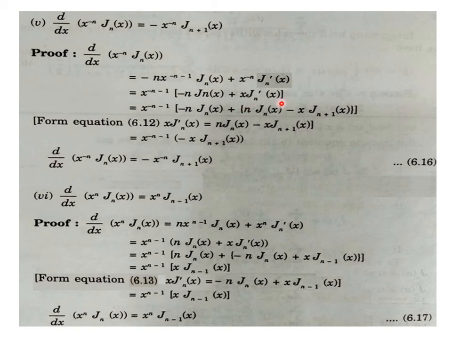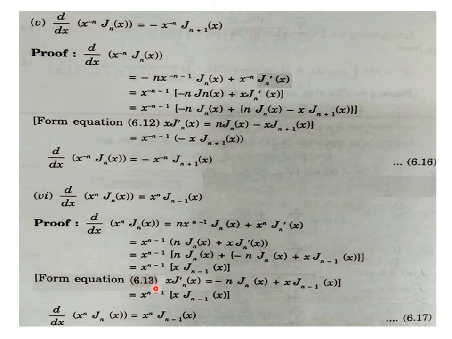Up to this stage x Jn dash (x) was there, and x Jn dash (x) is here also. There we used the first recurrence relation, equation 6.12. Here x Jn dash (x) is to be replaced by minus n Jn(x) plus x Jn minus 1 (x) using 6.13, that means the second recurrence relation.